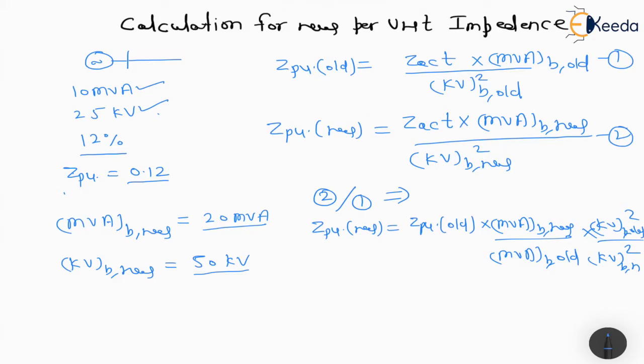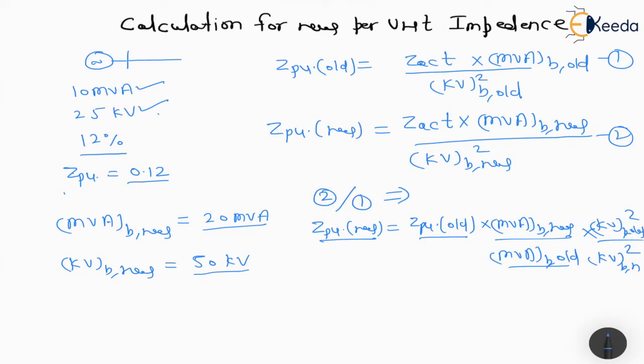So the formula is: ZPU new is equal to ZPU old into MVAB new upon MVAB old into KVB old square upon KVB new square. This is the formula we need to remember.